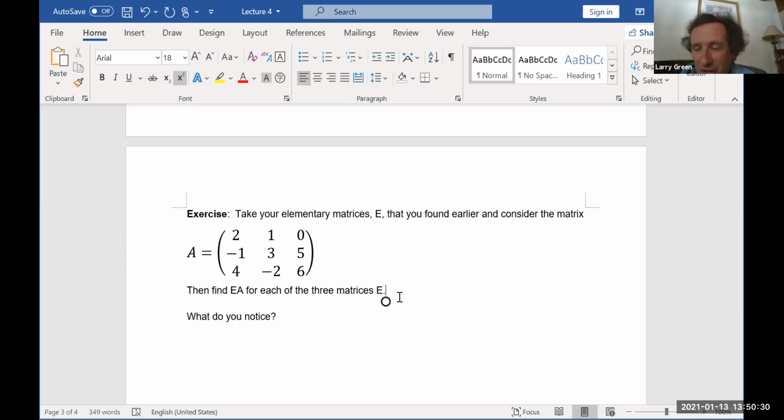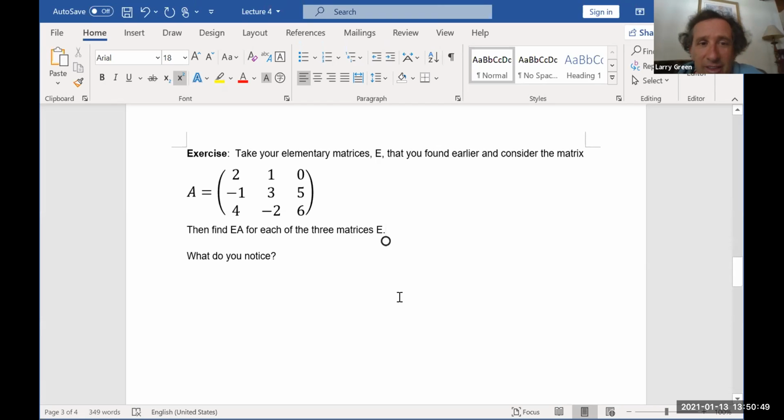Trust me on that if you don't know programming. Similarly, on the others, you can do that also. So it's very easy to program a computer to do row operations, if you know how to program. If you don't, it's very difficult because you have to learn how to program first. Any questions on this example? It's not even an example, it's this exploration.